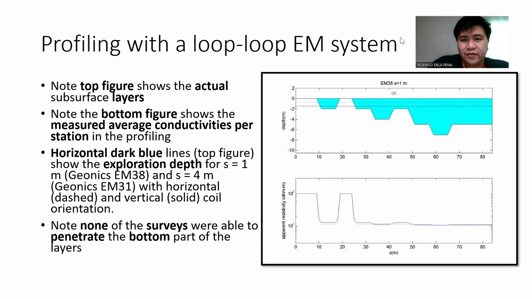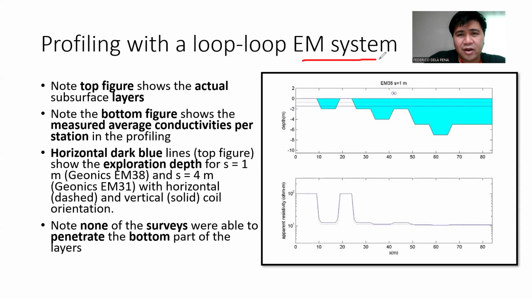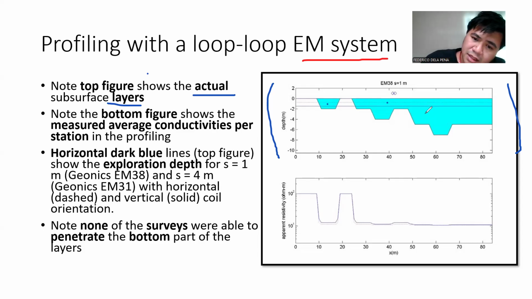And these are just demonstrations of how EM systems perceive the subsurface. This top figure shows the actual subsurface layers, right? So you have this blue object, I think, are low resistivity objects or high conductivity objects.